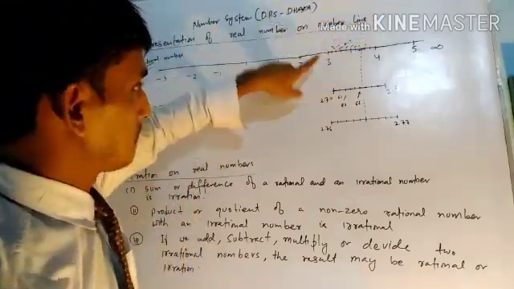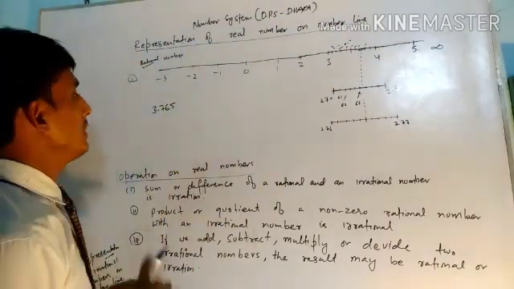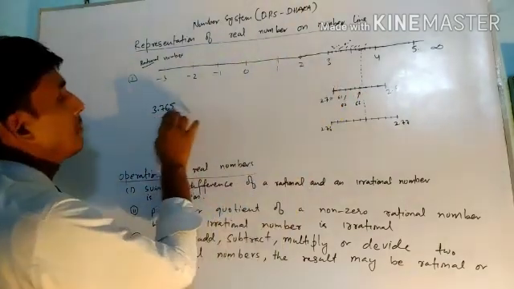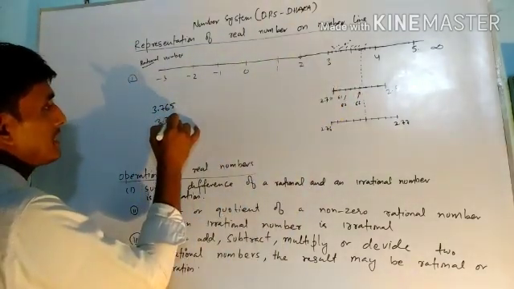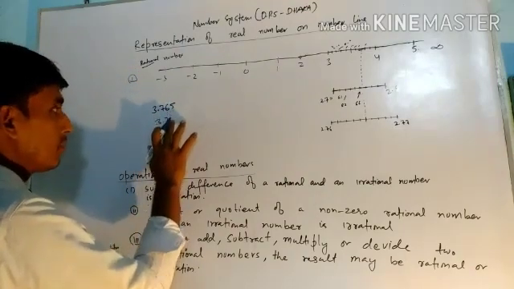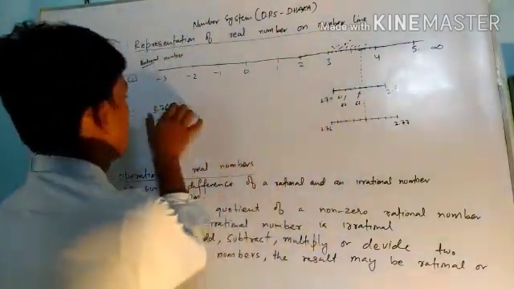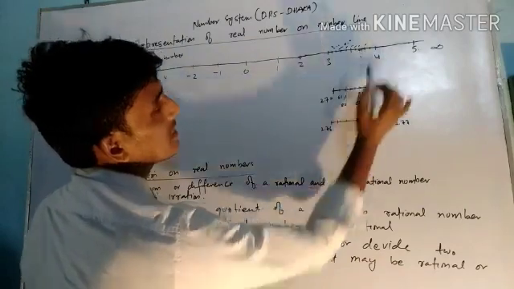So this is 3.675. It means this is more than 3.7, because if the number had been 3.70, it would mean 3.7, but it is more than 3.7. It means this number is lying between this mark and this mark.